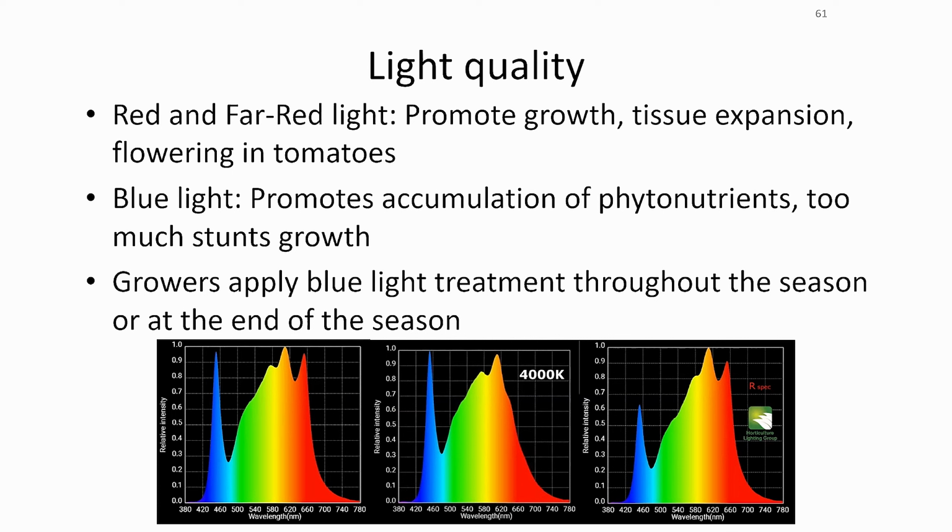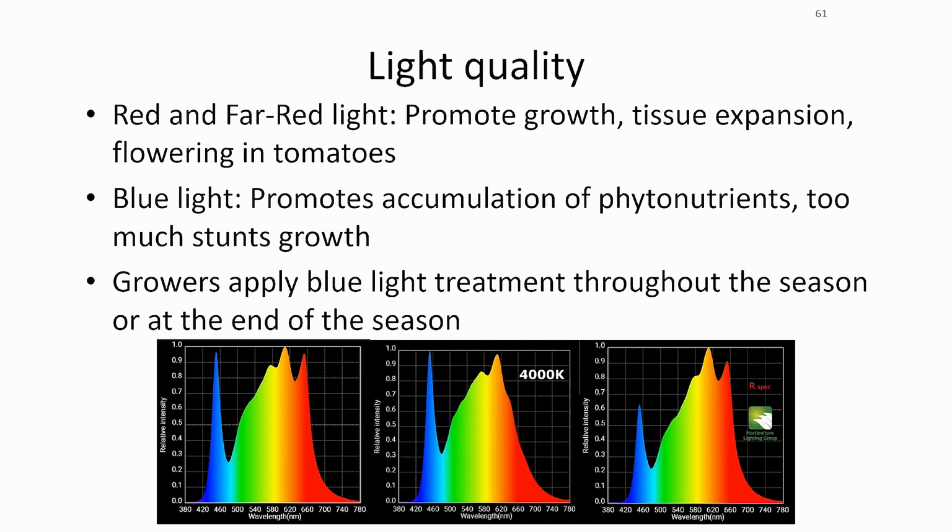Now, blue light promotes accumulation of phytonutrients, and so does ultraviolet light. And phytonutrients, for those of you who haven't seen this one before, refers to those compounds that are beneficial to human health. We have made that link between human health and those compounds.